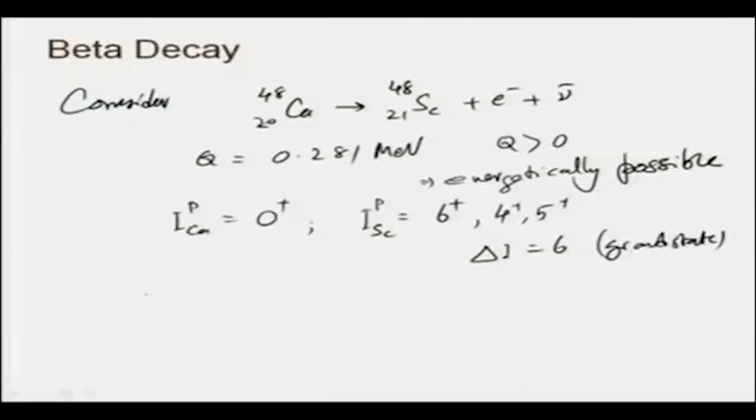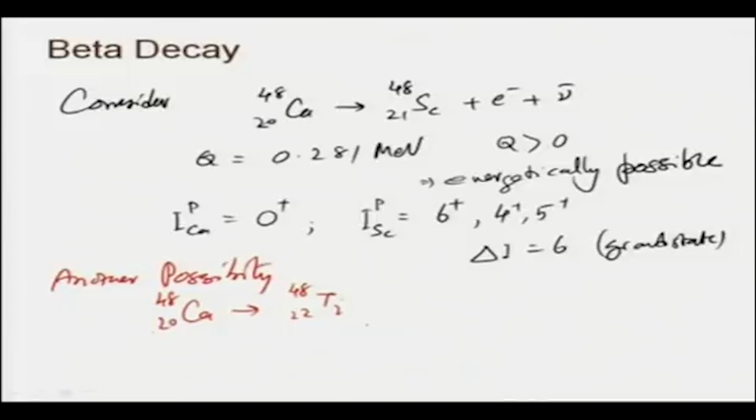Now, let us look at another possibility. Another possibility is that calcium 48 goes to not scandium, but titanium 48, which has 22 protons in it, plus 2 electrons plus 2 neutrinos.